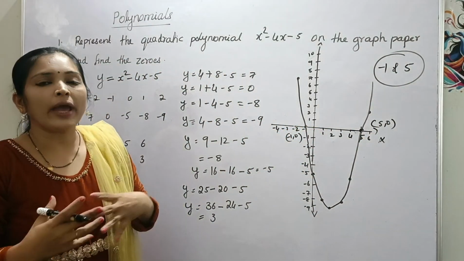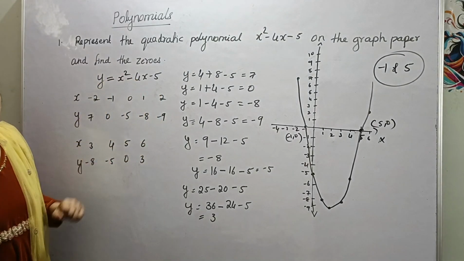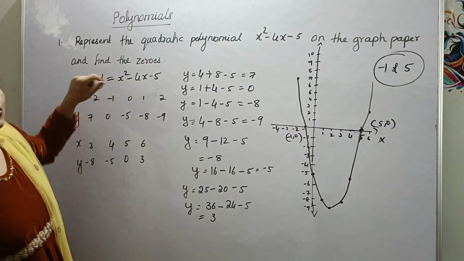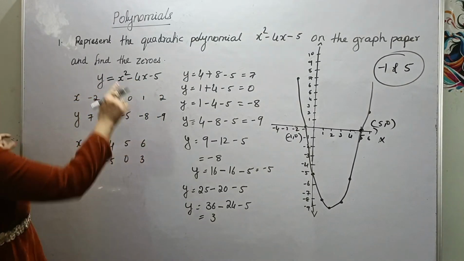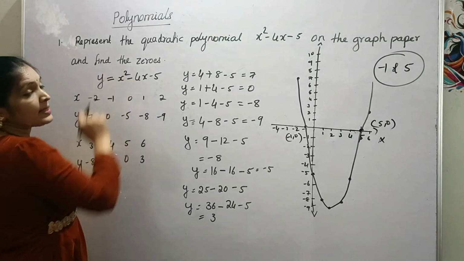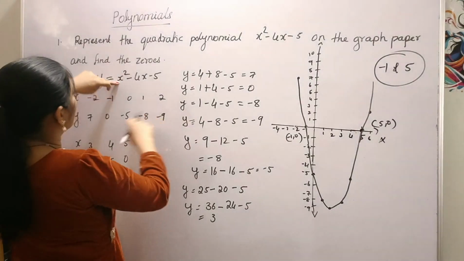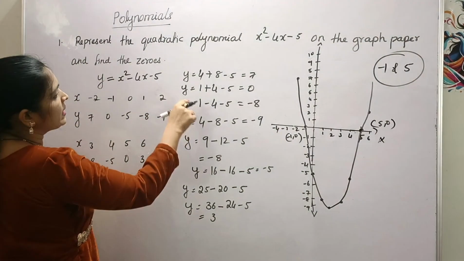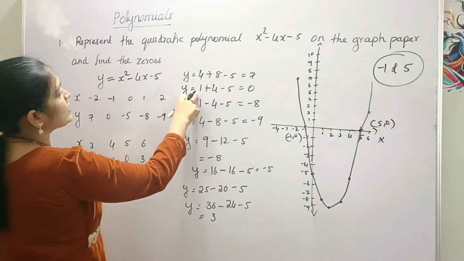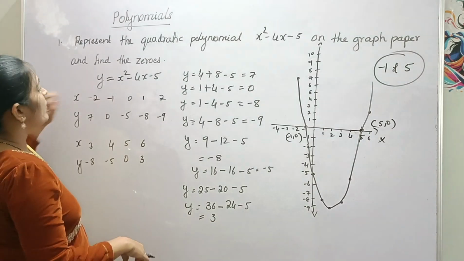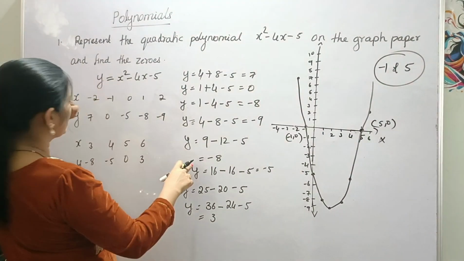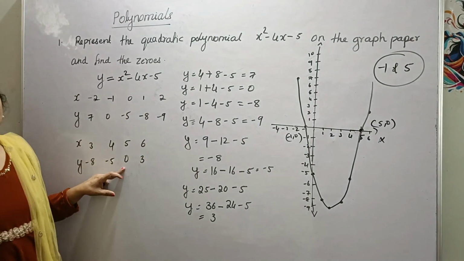See, if you want, you can verify. Just substitute minus 1. You should get 0, right? Minus 1 square is 1. When x is equal to minus 1, y is 0, right? When x is equal to 5, y is 0.